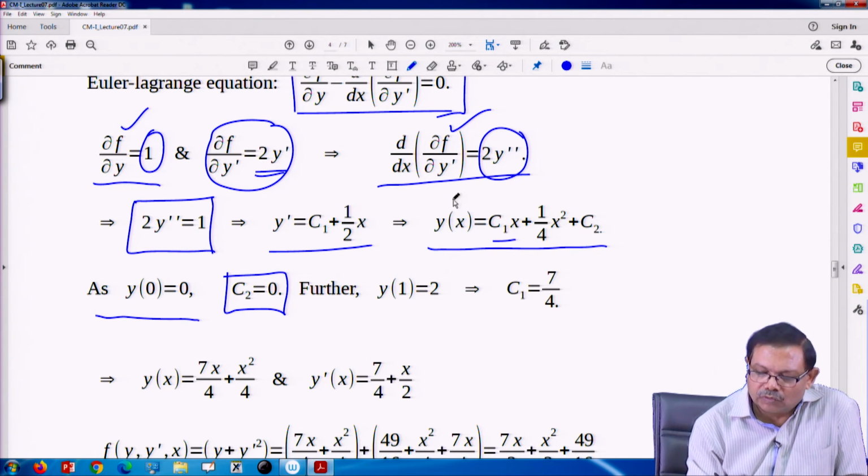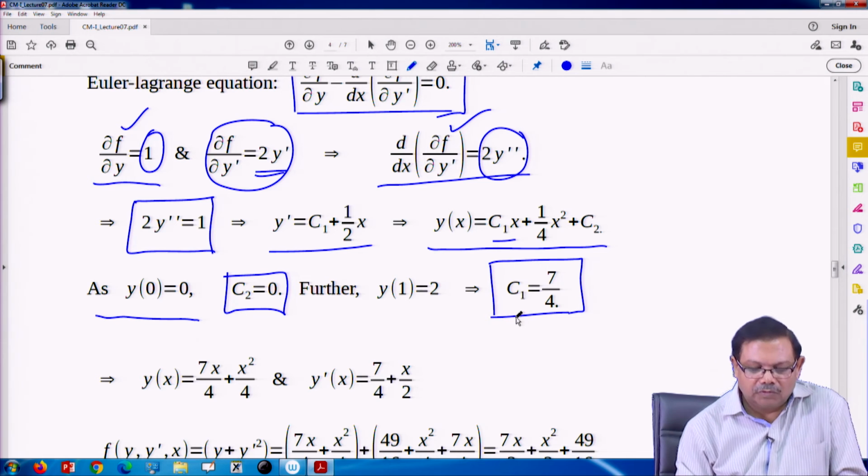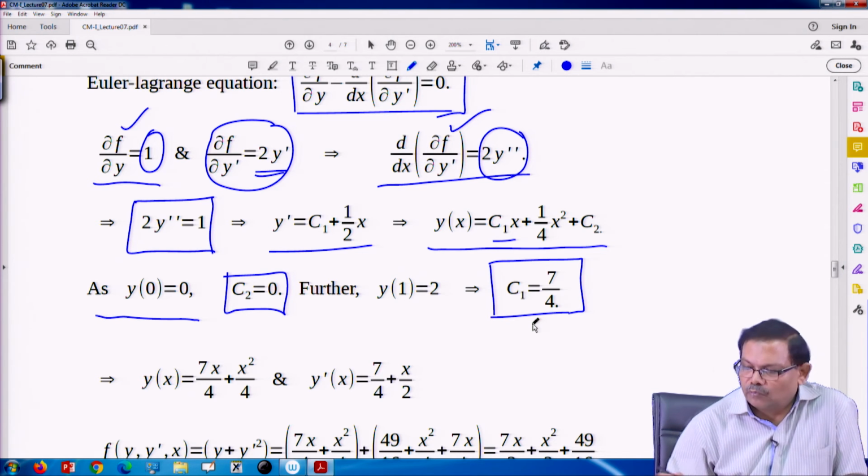So, C 1 plus 1/4 equal to 2. So, C 1 becomes 7 by 4. So, we know C 2 is 0, C 1 is 7 by 4.